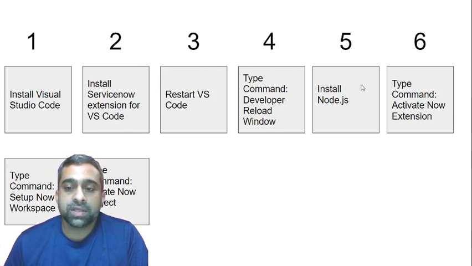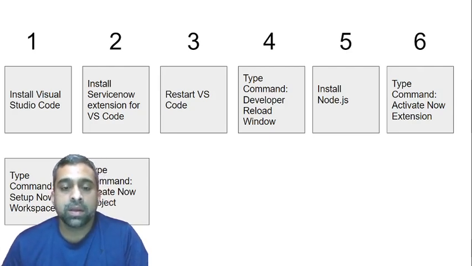As you can see, step number 5 is to install Node.js. This is required because Visual Studio Code uses npm to sync the application files. Basically, the sync works through npm, so that's needed.